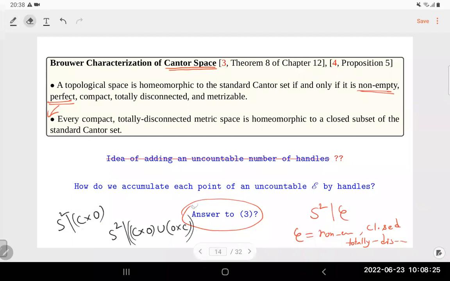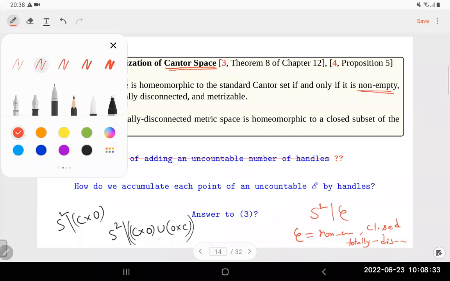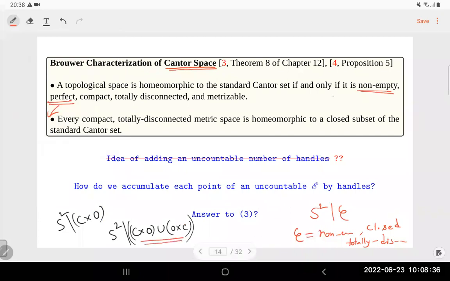Notice that this set, 0 cross C union C cross 0, is non-empty, perfect, not compact, totally disconnected, and metrizable. So using the Brouwer characterization theorem, we can say it is homeomorphic to C. And it has genus 0 on both sides.